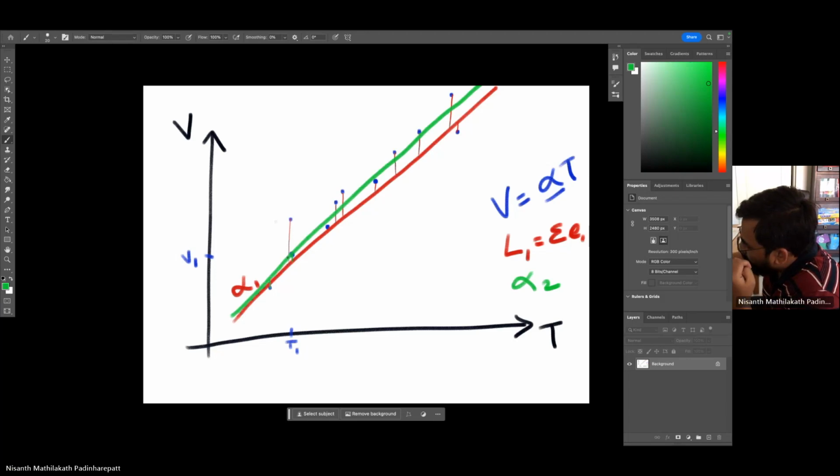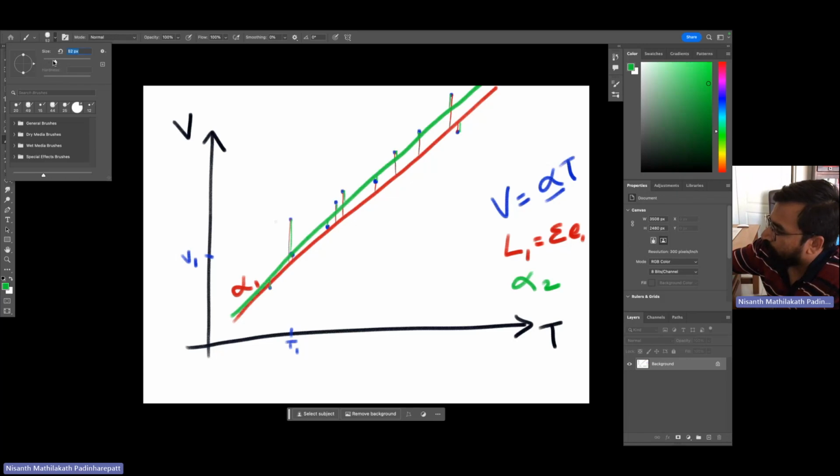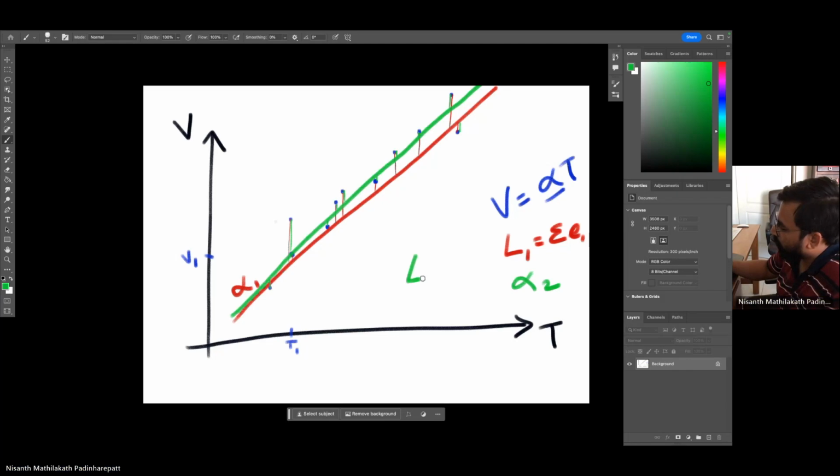Now the errors are like this, and it looks less, right? Smaller errors are there. These vertical lines are smaller. So we got another loss, that is L2 equal to sigma E2.